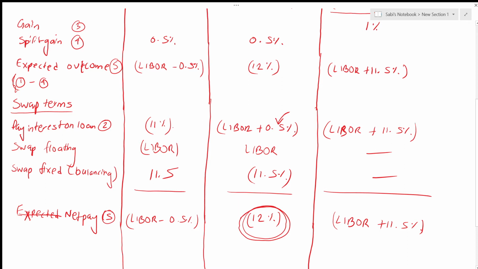So 11 minus 11.5 is minus 0.5. Yes, we are getting LIBOR minus 0.5. Second, just check. LIBOR plus 0.5, that's payment. Then we are receiving LIBOR. LIBOR gets cancelled, so we are only paying 0.5, and now we are paying fixed 11.5. So 11.5 plus 0.5 gives 12%. That means we are right. This is net pay.